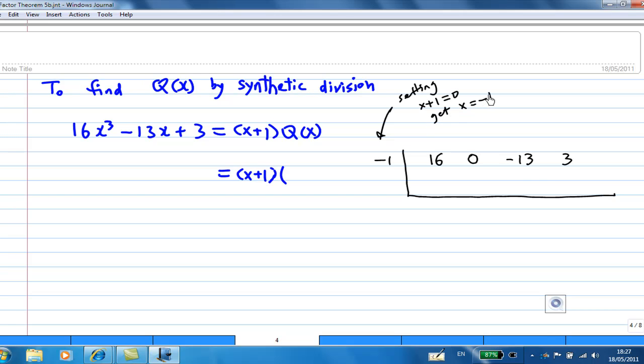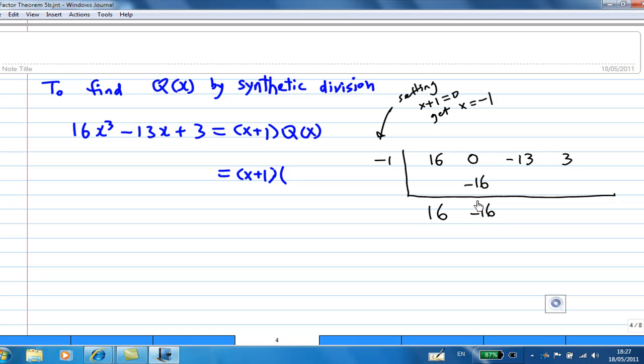To do the calculation, I push 16 down, then multiply 16 by minus 1, and I get minus 16. So I write minus 16 here. Then I add 0 plus minus 16, and get minus 16.